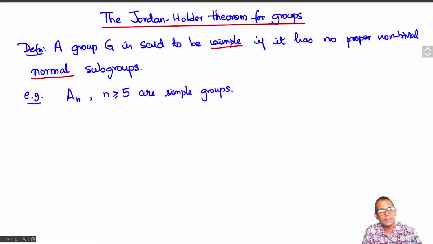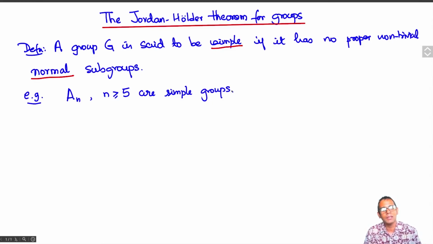And these, you can see, do have subgroups. Any element of such a group will generate a cyclic subgroup, but there are no normal subgroups in these groups. Okay, and so if a group is simple, then it doesn't have any non-trivial proper normal subgroup.